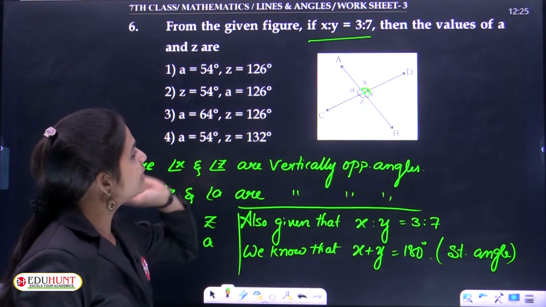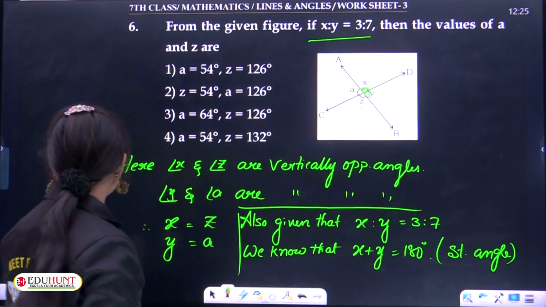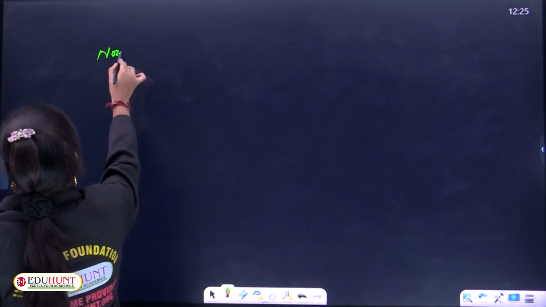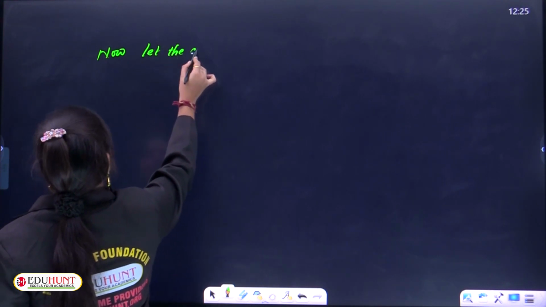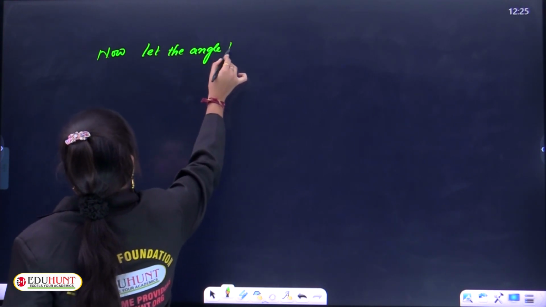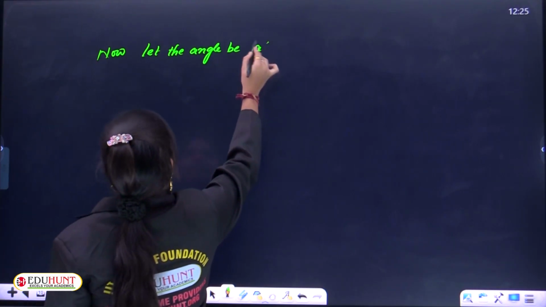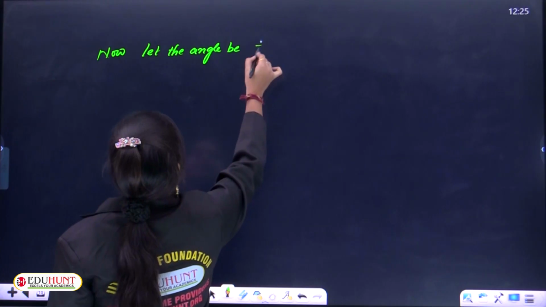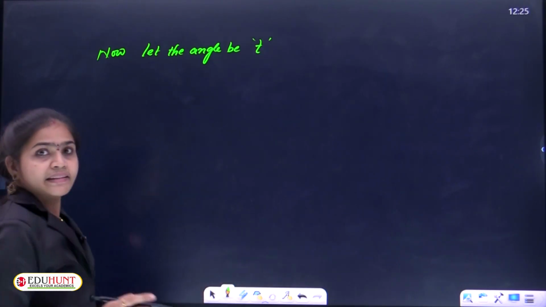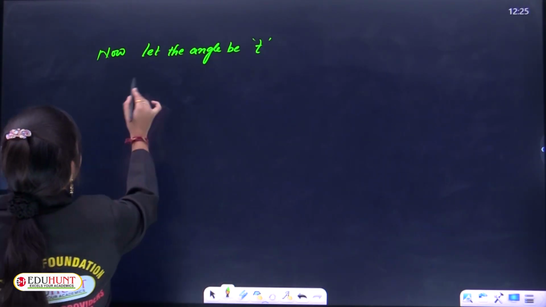Then how can we divide those two? See that. Let the angle be some T, since A is already given.